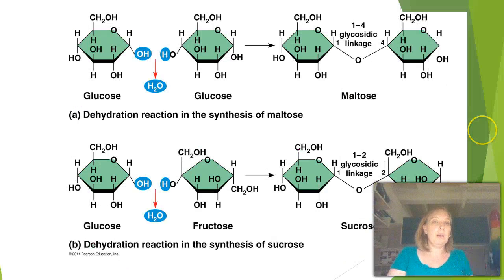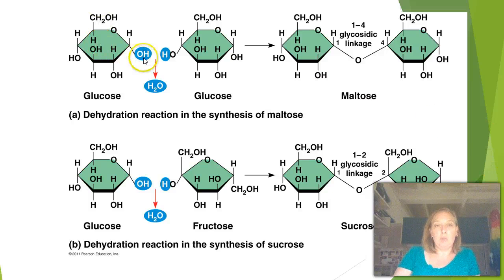Okay, so our next one is the idea of disaccharides. Di obviously means two, so we're looking at two monosaccharides being put together. And these are going to be held together with glycosidic linkages. Those glycosidic linkages are a covalent bond formed by a dehydration reaction.